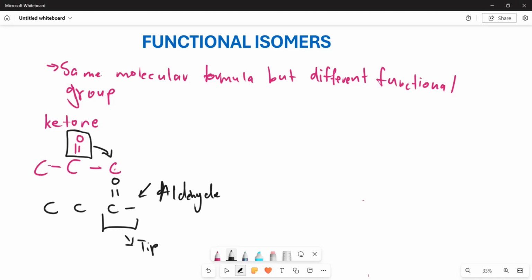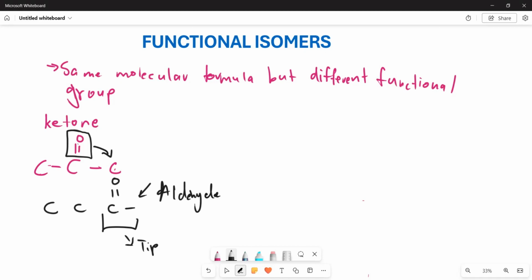So basically, under functional isomers, you are going to have ketones changing either from ketone to aldehyde or from aldehyde to ketone. Why are we saying that? Because these are going to have the same structural formula. What will be different is that if you move the double bonded oxygen to the tip, to the carbon at the end of your chain, it changes from being a ketone to an aldehyde.